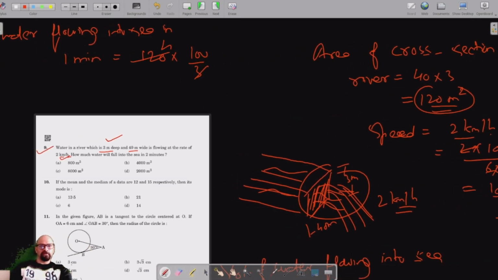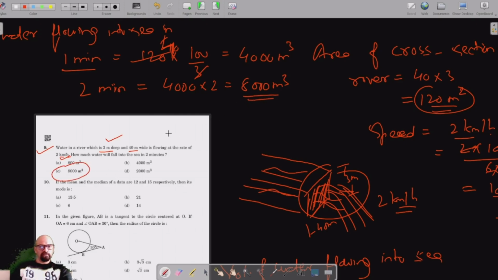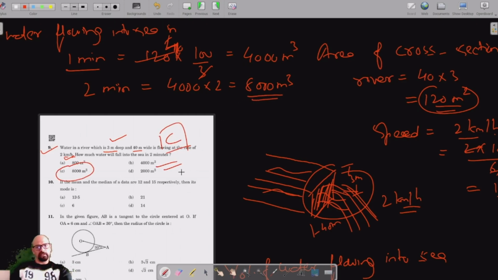So this is the volume of water flowing into the sea in 1 minute, which is 40 into 100, which is 4,000 meter cube. And in 2 minutes, it has to be multiplied by 2, which is 4,000 into 2, equal to 8,000 meter cube. So 8,000 meter cube, that is option C, is the correct answer for this.